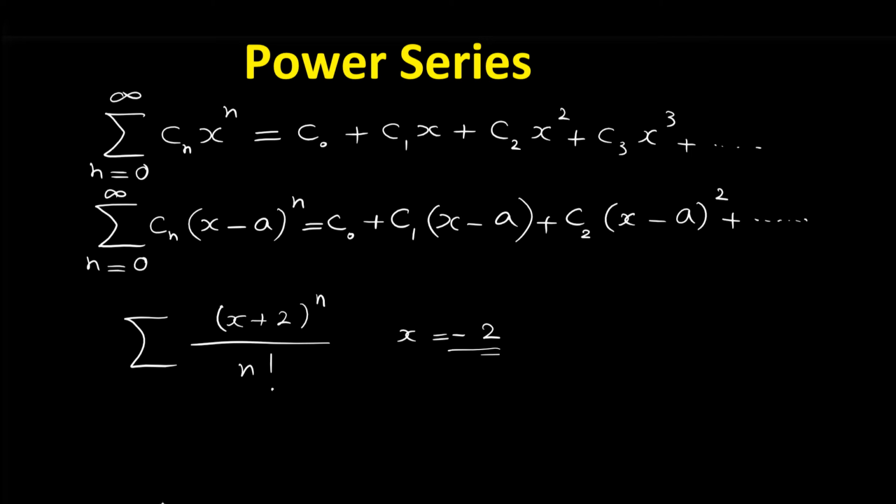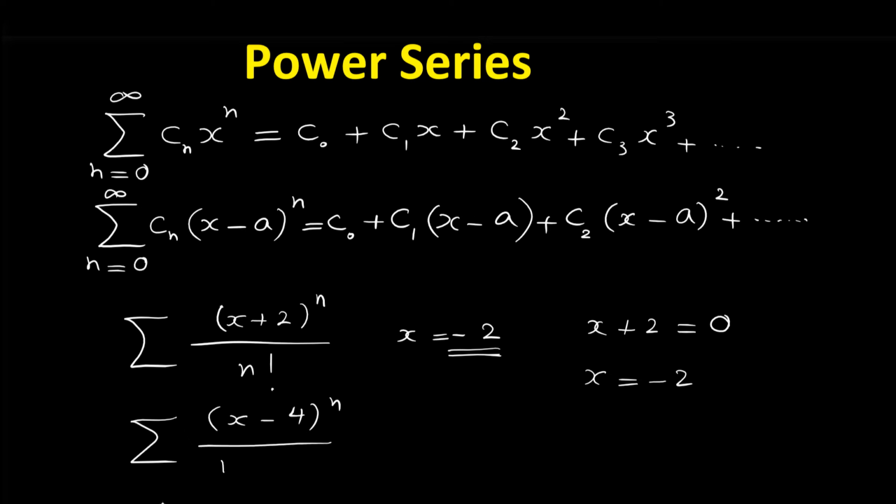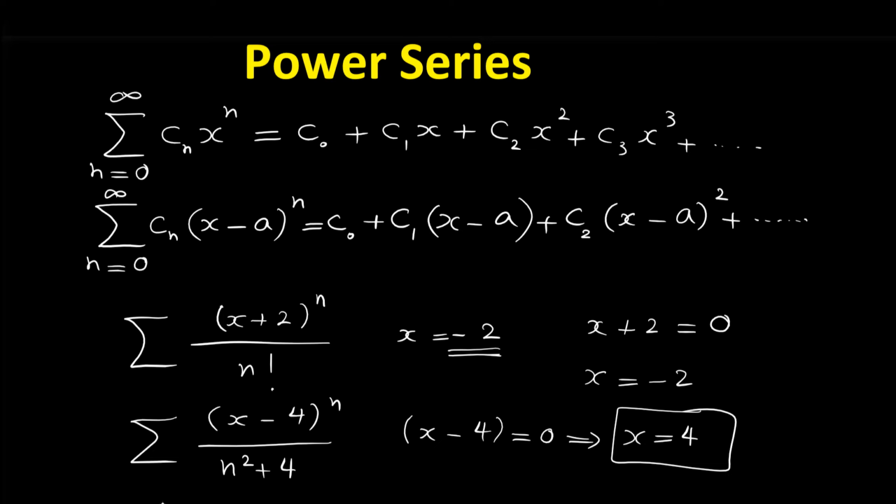To find this negative 2, you actually set the expression inside the bracket equal to 0, and x would be negative 2. For example, if you have a power series in the form of x minus 4 to the n over n squared plus 4, if we set x minus 4 equal to 0, x would be 4. And so this is a power series with the center 4.